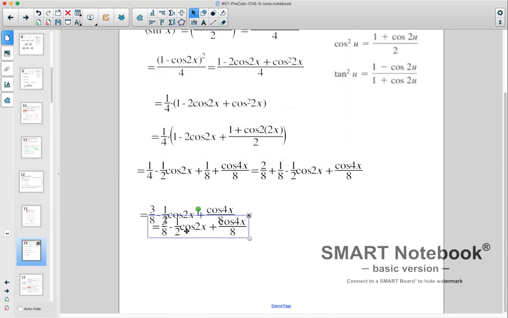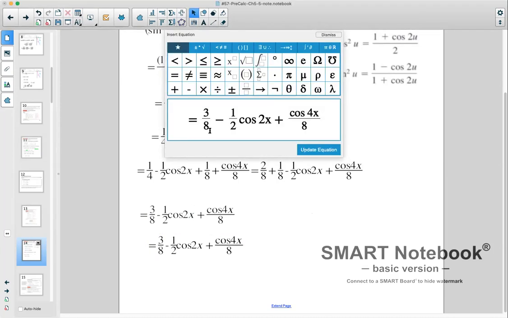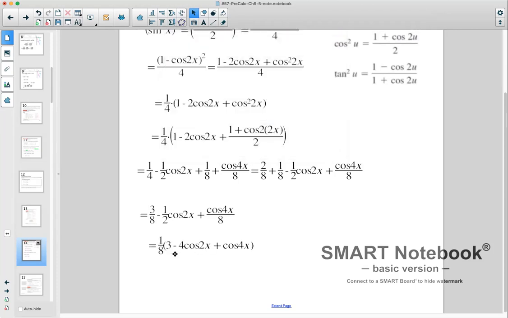So if I take 1/8 outside, this should be 3 here, this should be 4 as numerator, then this should be 1, which is cosine 4x. So 1/8 times 3 minus 4 cosine 2x plus cosine 4x, in terms of cosine and multiple angles.